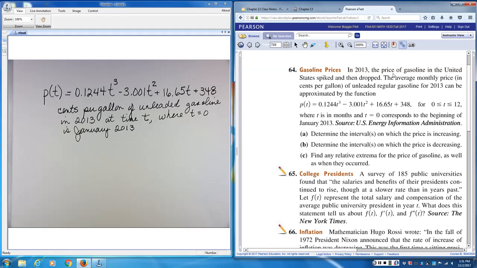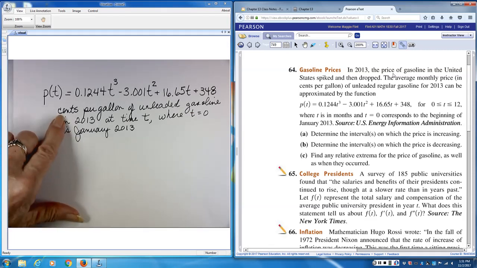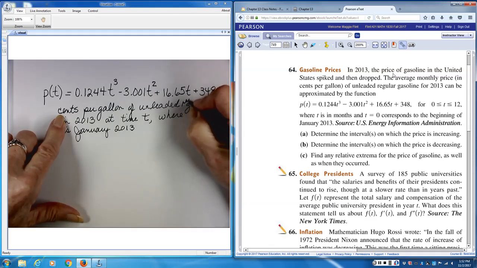Now there's the complete model for the function. The equation, of course, is the main thing we're interested in, but we need to keep in mind the context of the equation. So this is the price in cents per gallon of unleaded gasoline, unleaded regular gasoline, if we're going to be real technical.